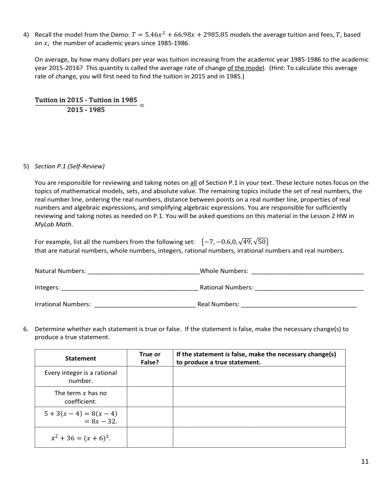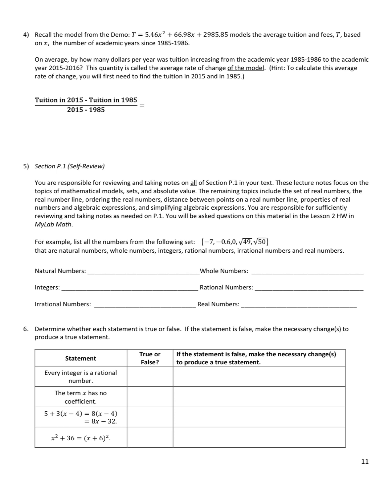And to calculate average rate of change, we just look at the total change, like what is the change in tuition from 1985 to 2015, and then we divide by the number of years. So you break it into 30 equal amounts. So that tells us the average rate of change.